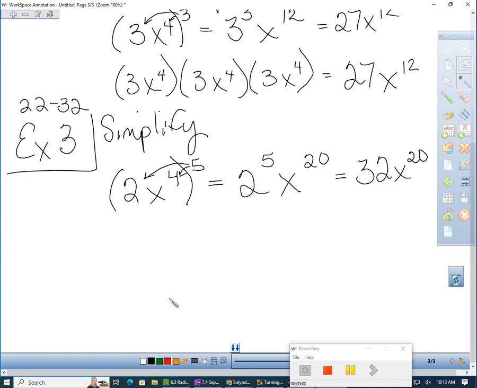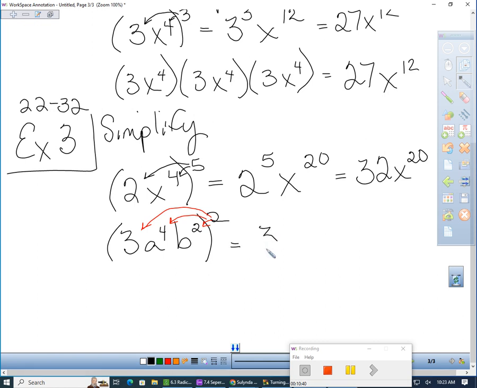All right, how about, let's go 3, a to the 4th, b to the 2nd, all raised to the 2nd power. So now this 2 goes to the 3, it goes to a to the 4th, and it goes to b to the 2nd. So we start at the beginning.